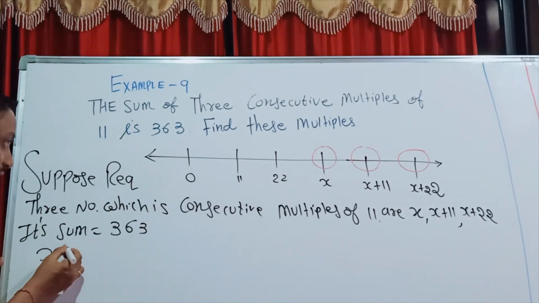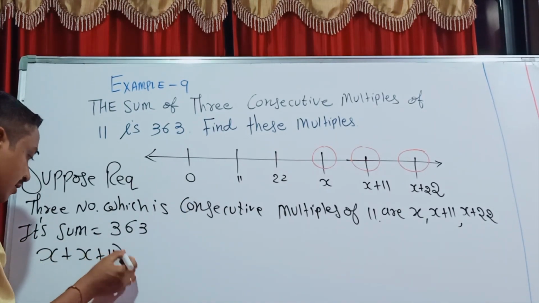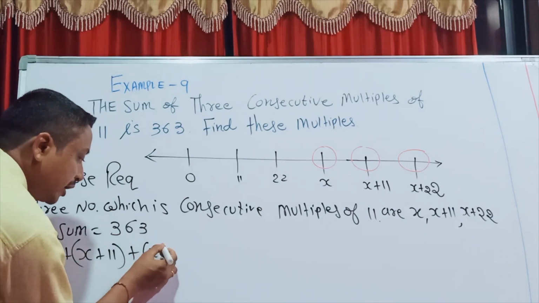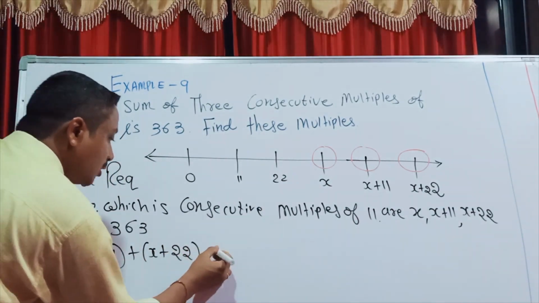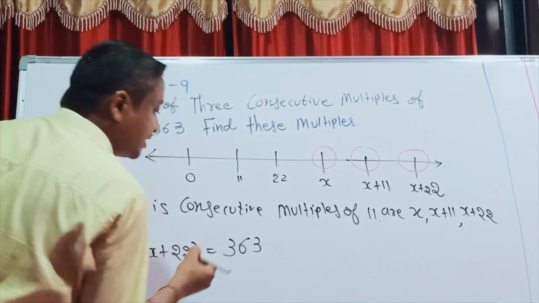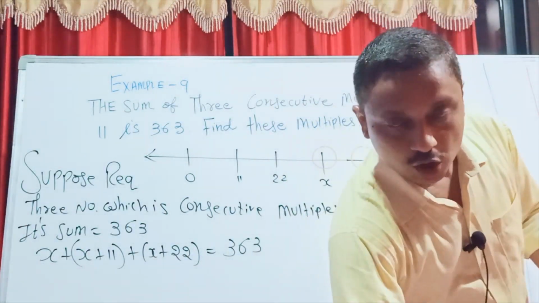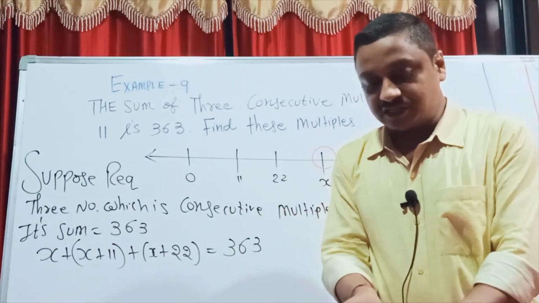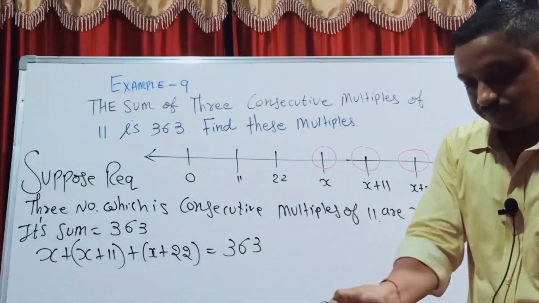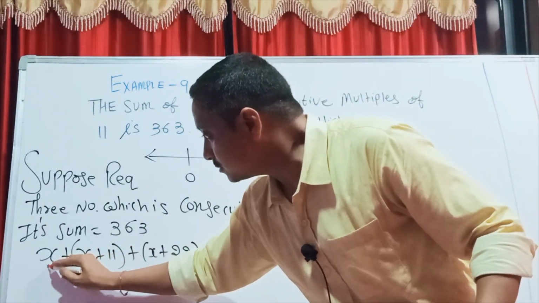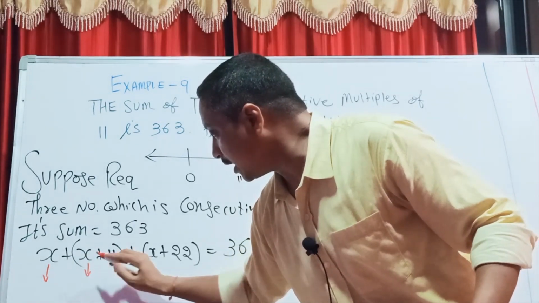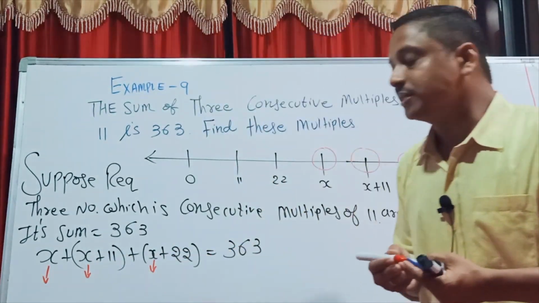It means x plus x plus 11 plus x plus 22 is equal to 363. Yes students. Now I add all the data. Look at this, students. One x, one x and one more x. How much is it?